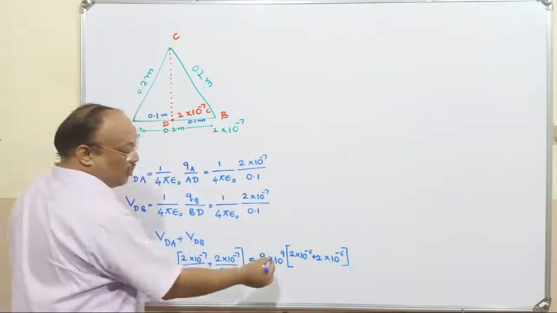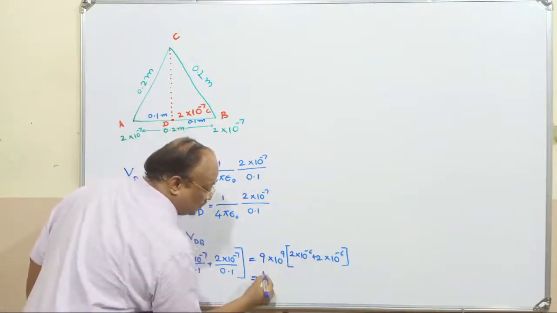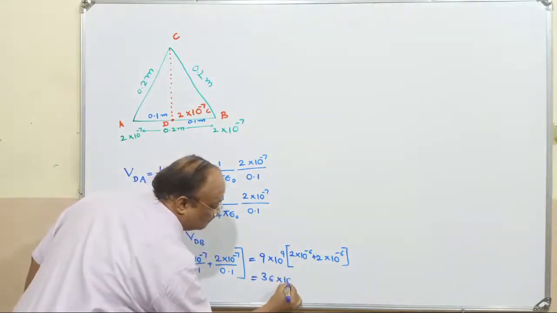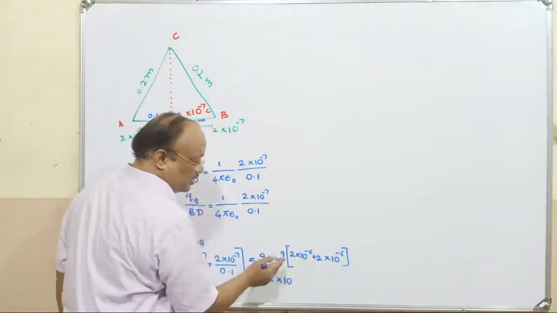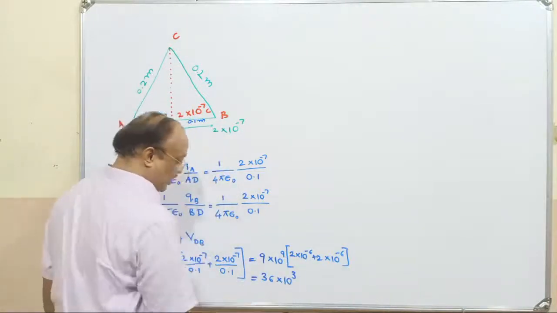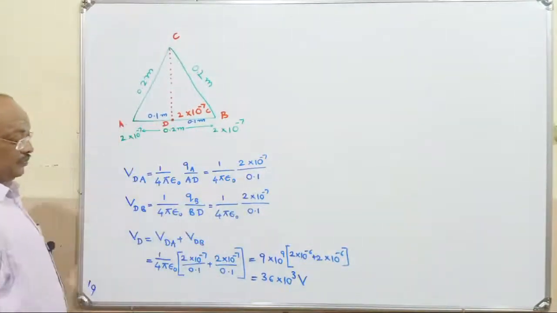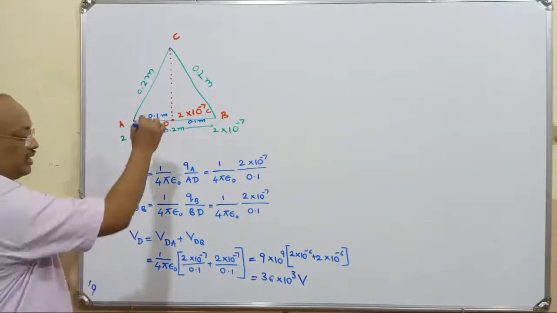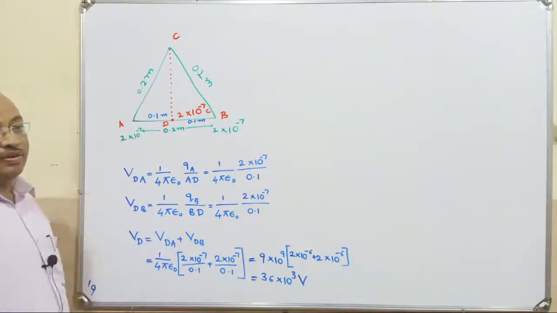If you take a common, it is 4 into 9, it is 36 into 10 to the power of minus 6 and this is 9. 36 into 10 to the power of plus 3 volt is the potential at D. Potential at D is 36 into 10 to the power of 3 volt.